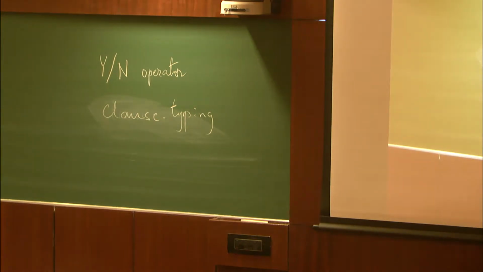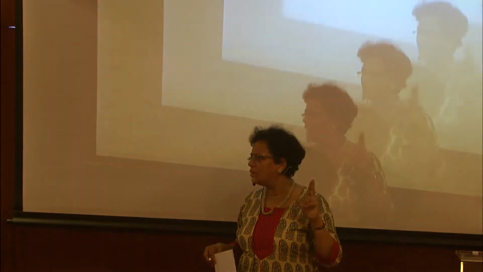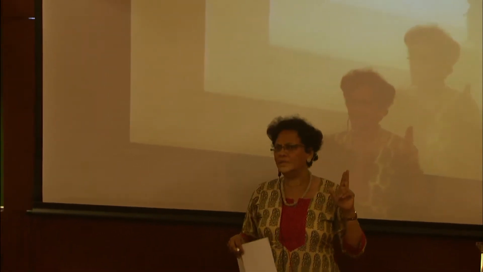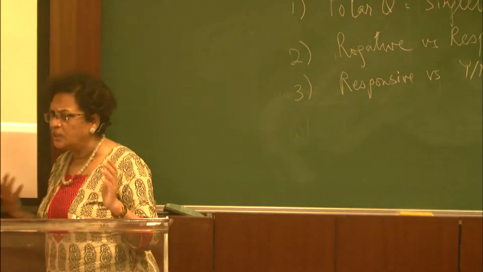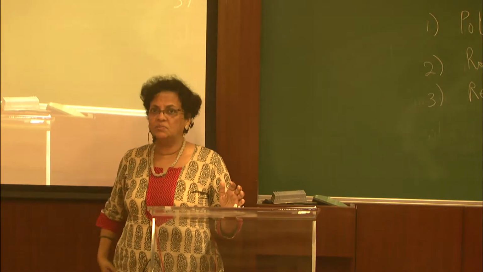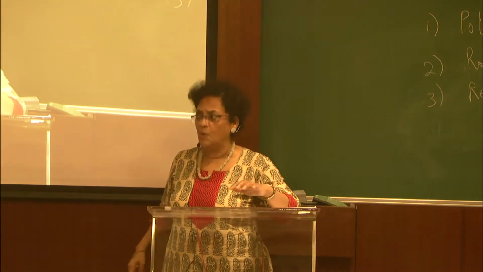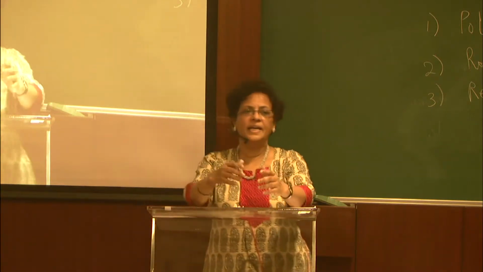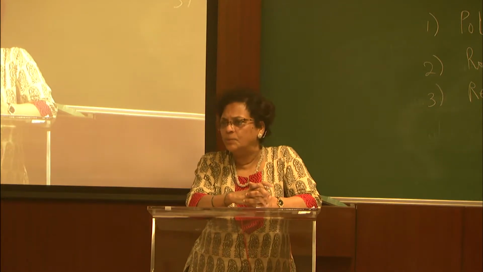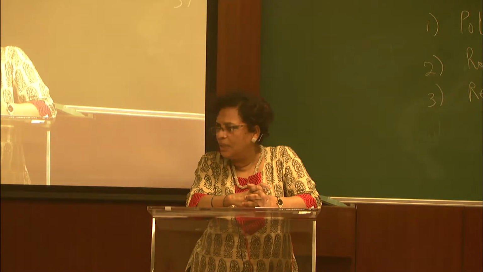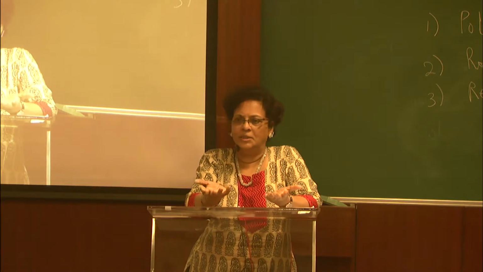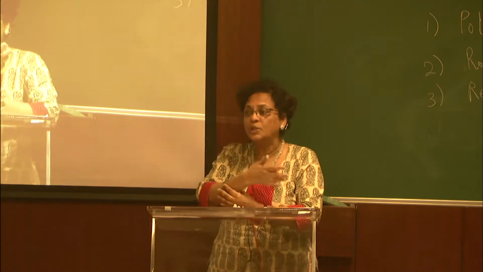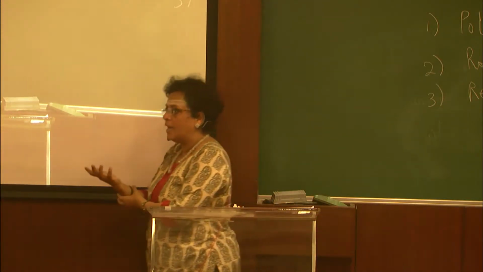Are you familiar with the clause typing hypothesis? Not everybody, right? The basic question she was trying to answer is not a simple question to answer at all. The idea is, why do some languages have WH in situ and some languages have fronting? It's a good question. We know that you can do it both ways, but why?